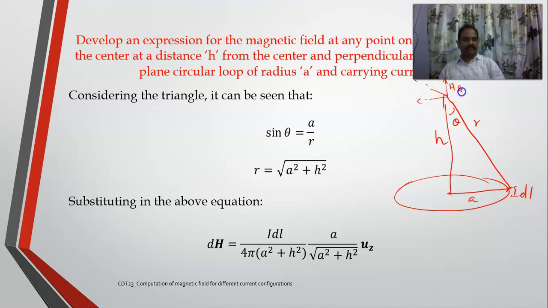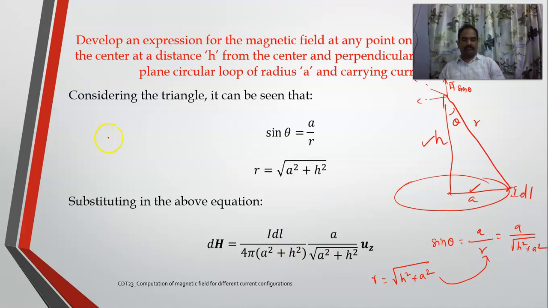This is my h sine theta. Only these things will add up for me. So in this triangle, if you carefully see, these are my standard terms. So what is sine theta now? Sine theta will be opposite by hypotenuse. Hypotenuse is r, and you know that r in this case is the square root of h square plus a square. If I substitute here, this will become a by square root of h square plus a square.